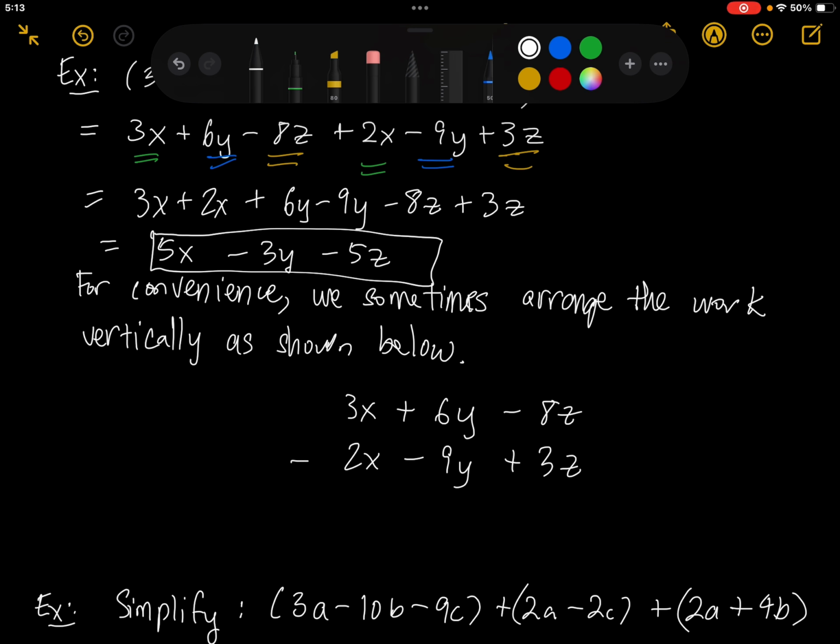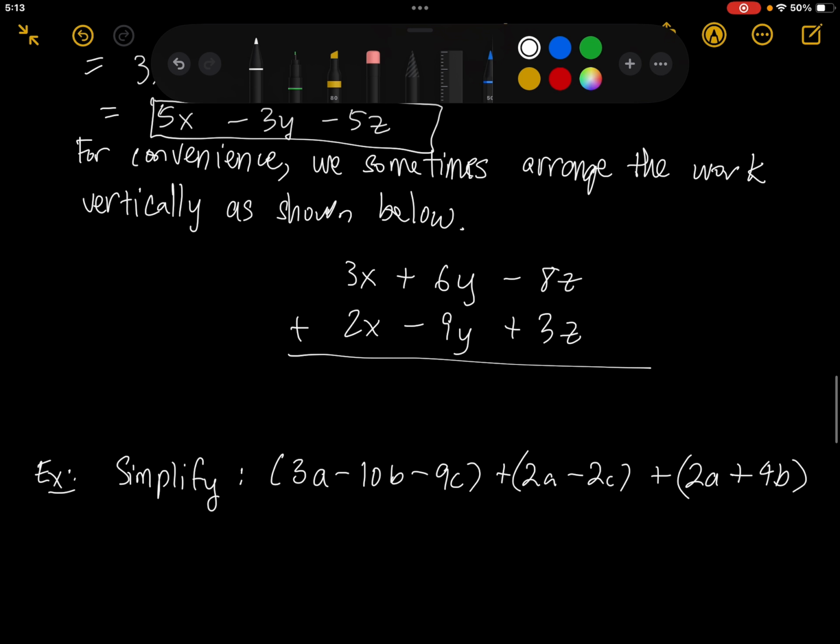And since I'm adding them like this, when I write it like this, I just add vertically. So 3x plus 2x is 5x. 6y minus 9y is negative 3y. Negative 8z plus 3z is negative 5z. You see how much easier that was? I mean, it's the same process. It's just a lot faster when you write it like this.